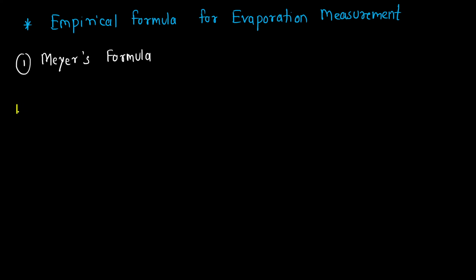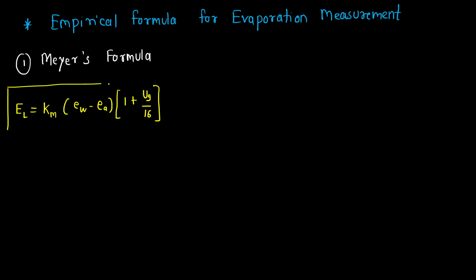The rate of evaporation EL is equal to Km into (EW minus EA), saturation vapor pressure minus actual vapor pressure, into (1 plus U9 divided by 16). So this is the formula which is given by Mayer.